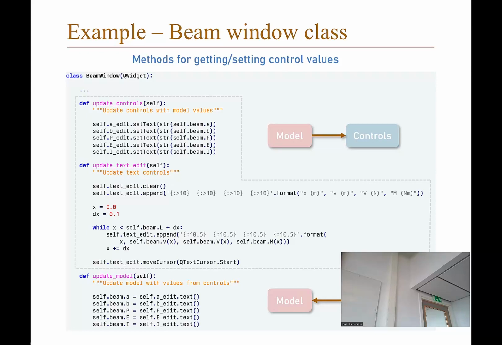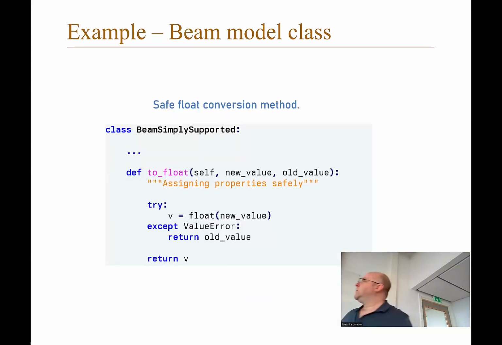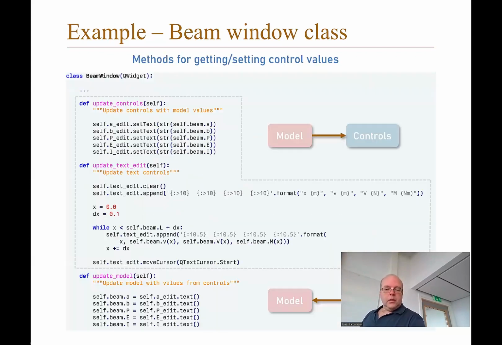If we assign the property A here with a string, if we go back to the code again, if the new value is a string with a floating point value inside a string, of course, this float will convert the string to a floating point and return that. We don't have to do anything complicated here. We can just assign the text directly to A, and it will automatically convert to a floating point.